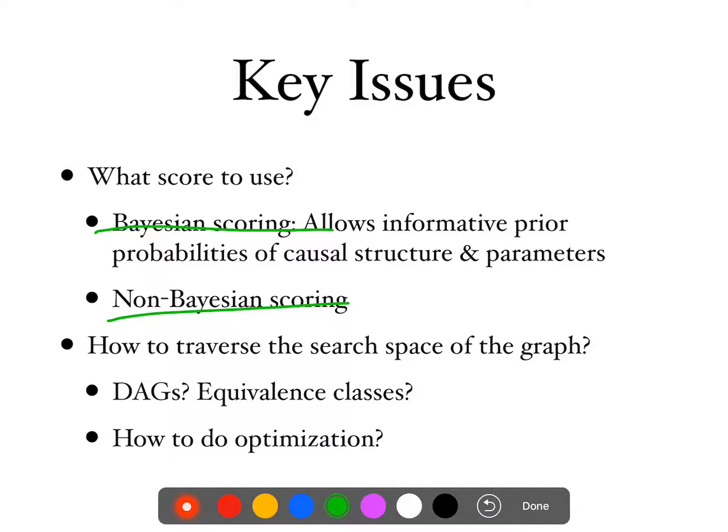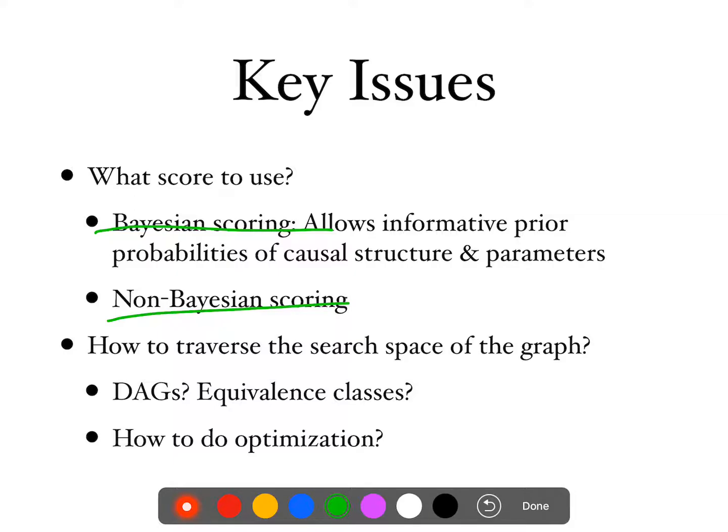No matter whether the direction goes this way or this way, you are going to end up with the same joint distribution. That means from data, I cannot see the direction at all. So I don't want to go through all DAGs. I just want to go through all those equivalence classes, because I can only distinguish between different equivalence classes, not within the equivalence classes.